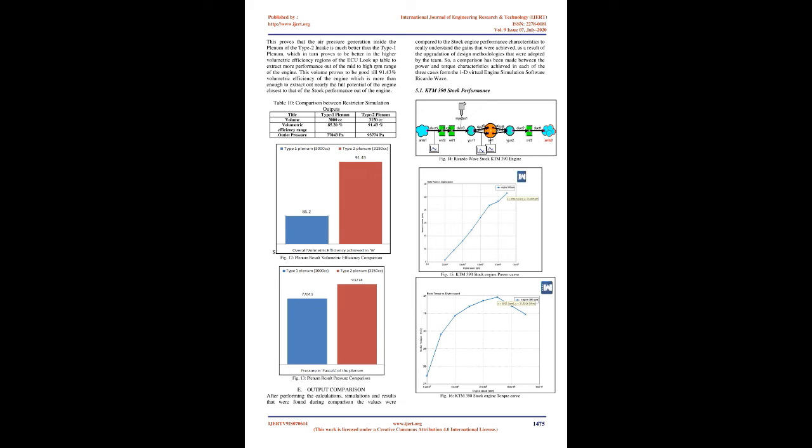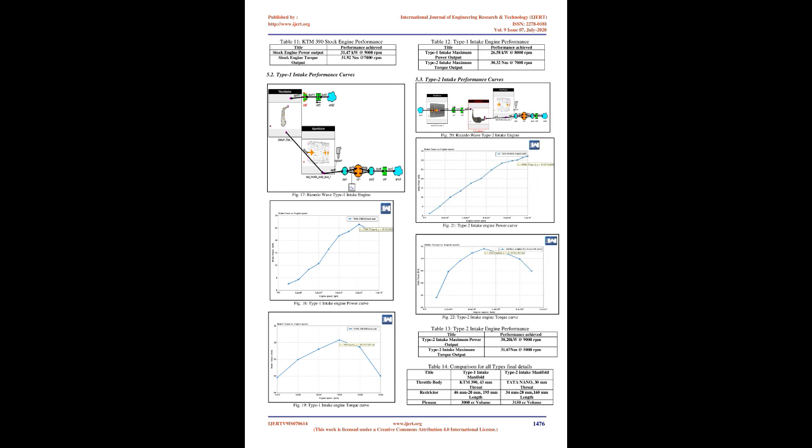Also, from the above pressure contours it is clear that the Type 2 restrictor is more efficient in pressure regeneration, with a lesser pressure drop. Table 9, comparison between restrictor outputs. Throttle pressure: 56,742 Pa and 63,652 Pa.